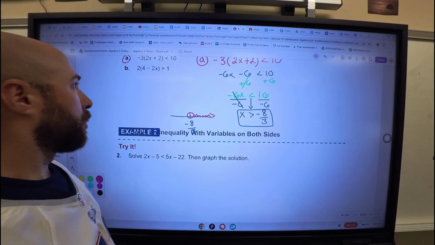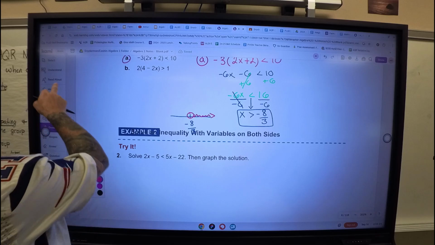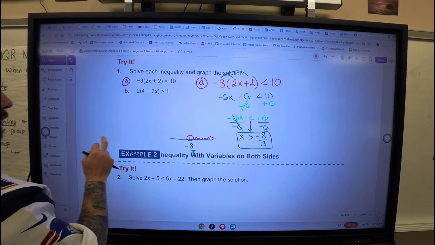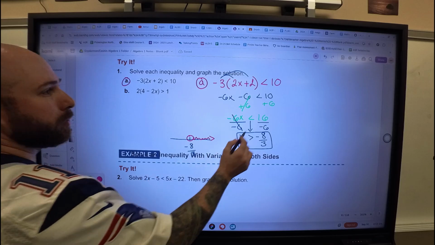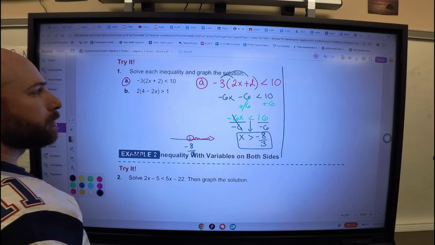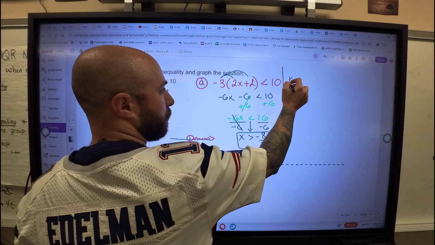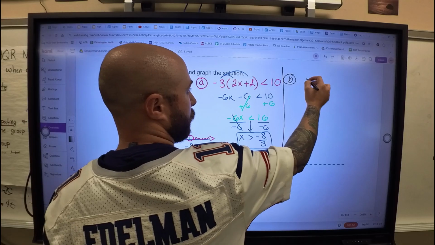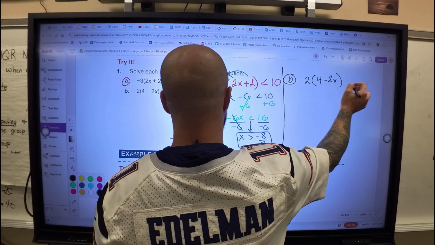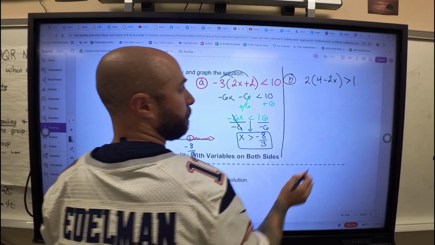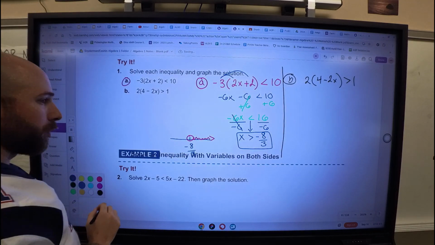Okay? So let's do the same thing with part B. I will do part B over here. So with part B, we have 2 times 4 minus 2x is greater than 1.